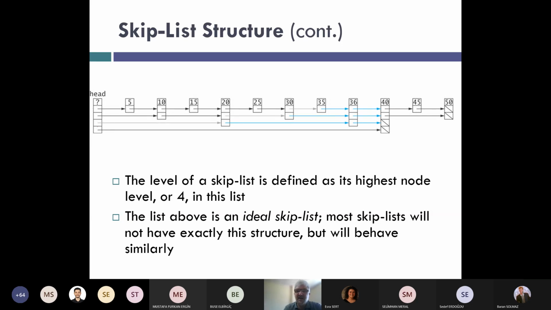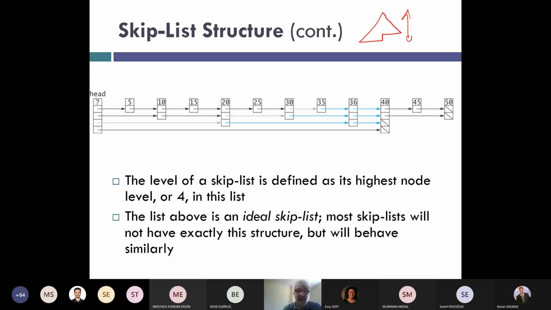For example, remember, a complete binary tree is a good binary tree, which has logarithmic height, right? And this skip list is a good skip list. Why?